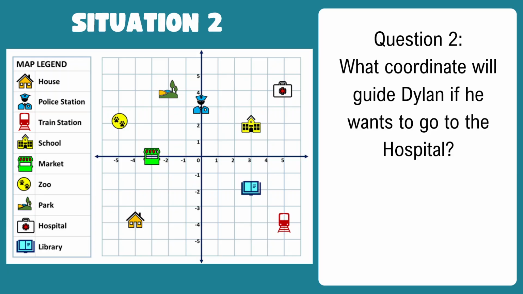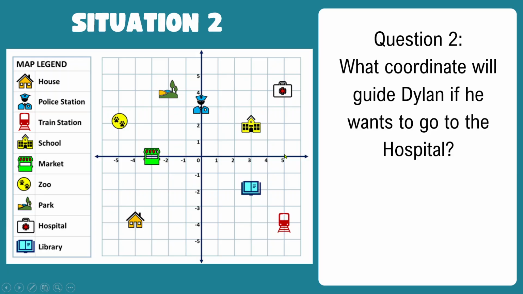Question 2. What coordinates will guide Dylan if he wants to go to the hospital? So the hospital is right here. So we need to identify the coordinates of the hospital. Horizontally, it lies on positive 5. Then vertically, it's on, I mean positive 4.